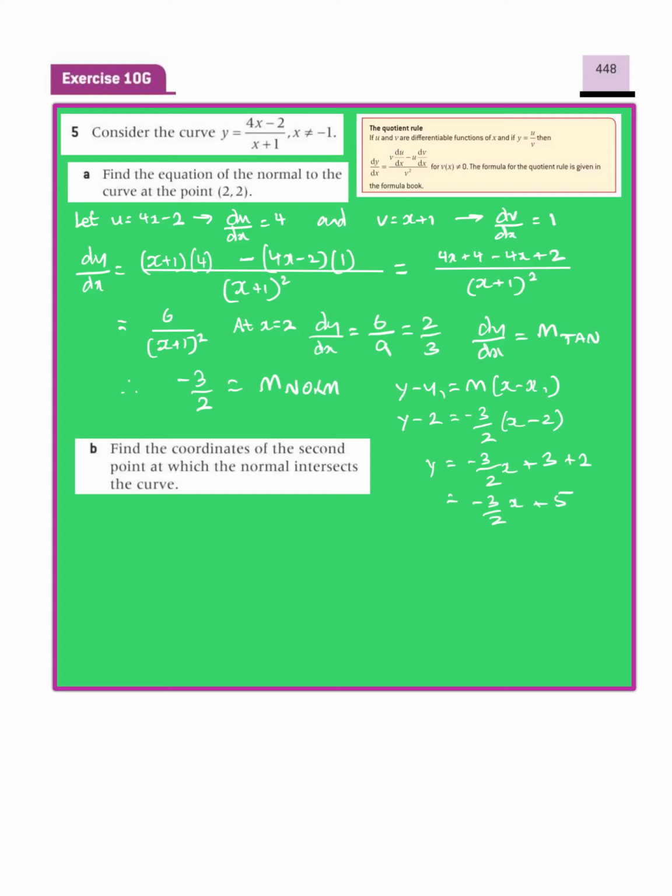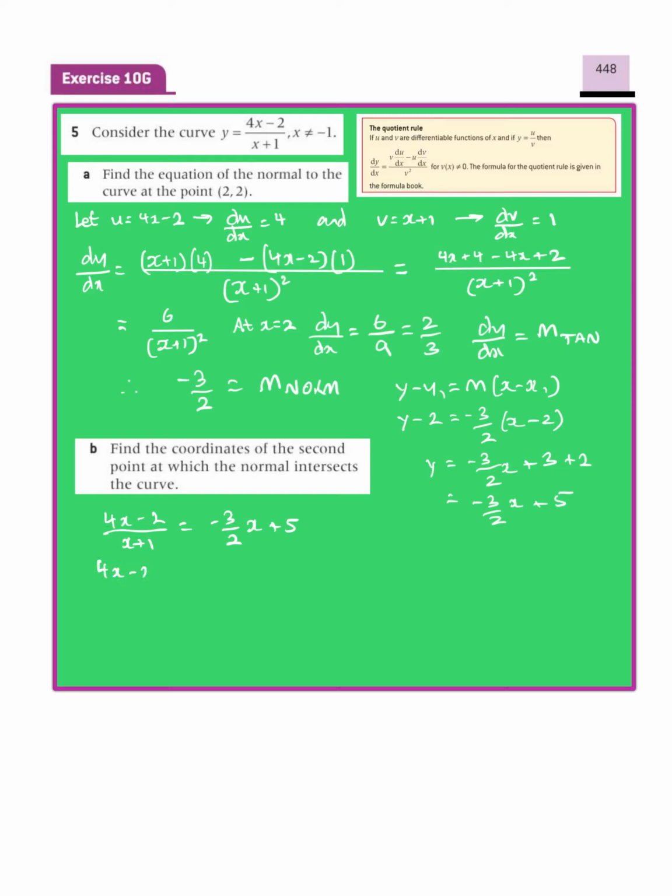So we're going to put this down as (4x minus 2) divided by (x plus 1) equals minus 3 on 2 x plus 5. I'm going to resolve this.